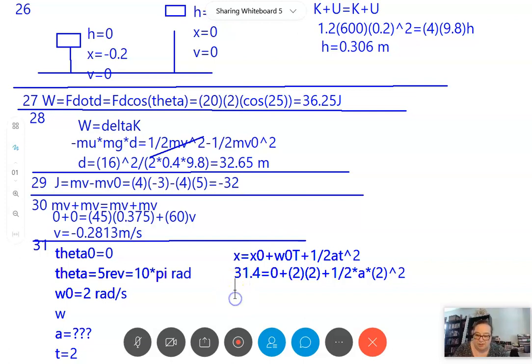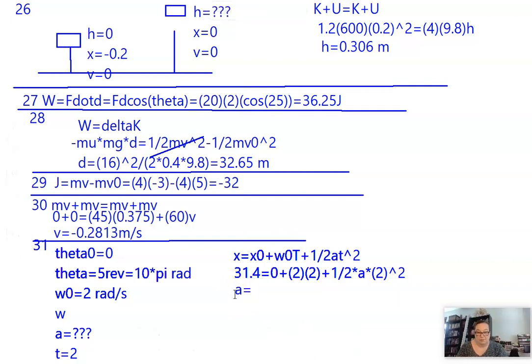And from that, I should be able to solve for a. So 31.4 minus 4 divided by 2 gives 13.7. And that appears to match up most closely with answer B.